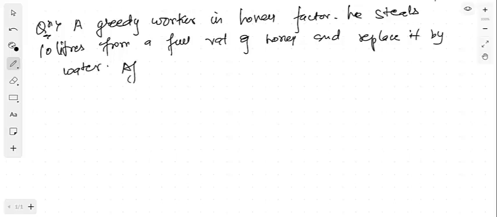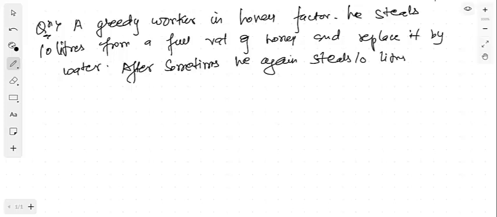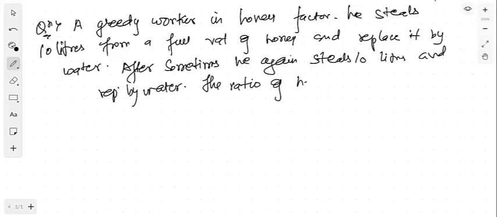After some time, he again steals 10 liters from the same vat and replaces it by water, the same process. Finally, after doing this much replacement and withdrawing, the ratio of honey to water is 49 by 32.